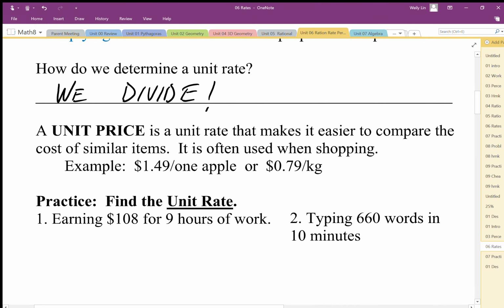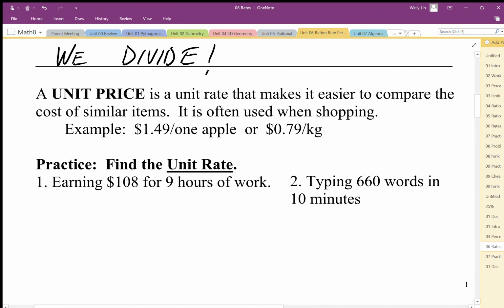A unit price is a unit rate that makes it easier to compare the cost of similar items. For example, if we want to compare the costs of apples, we would want to compare the unit rate, or cost per apple.